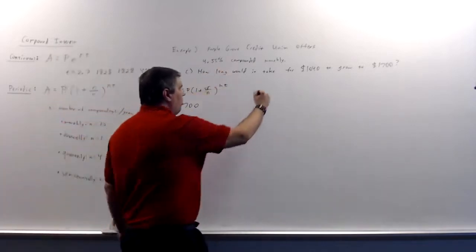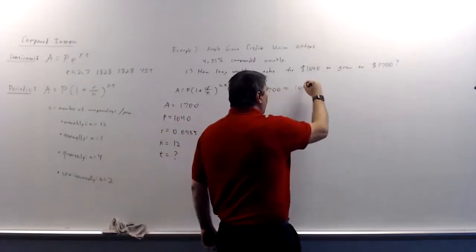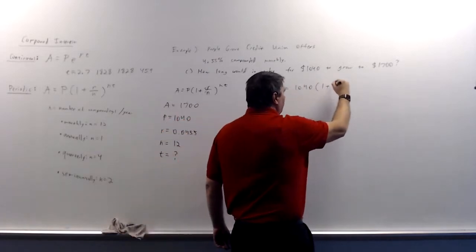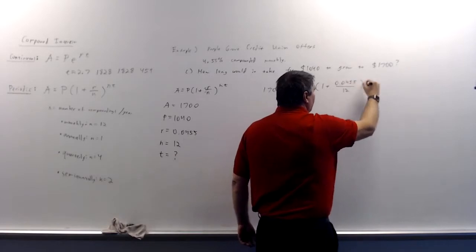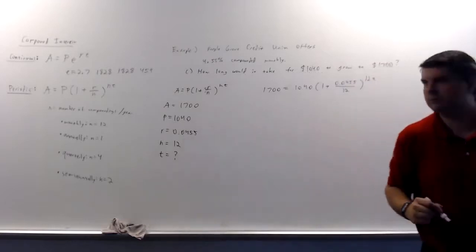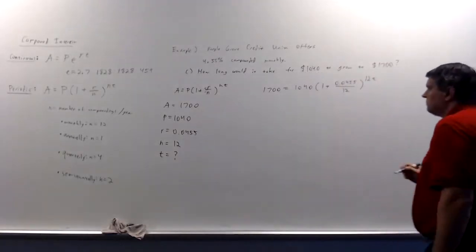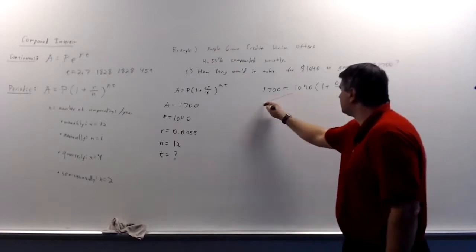So I want to know how long it will take for 1,700 to equal 1,040 times 1 plus 0.0455 over 12 to 12t power. Okay? T is my unknown, so I'll go ahead and switch the sides.